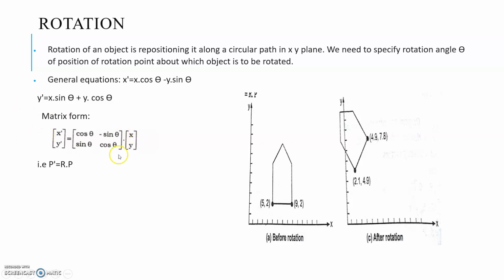The matrix representation is given here. You can see in the diagram the object before rotation, and after rotation it will be in this way. You have to perform the practical on this also.